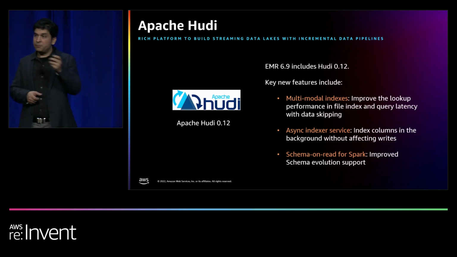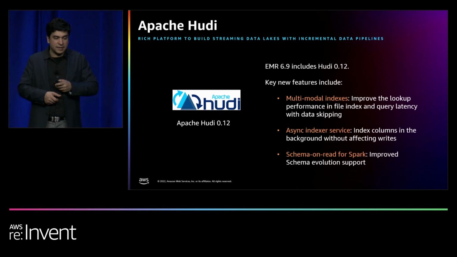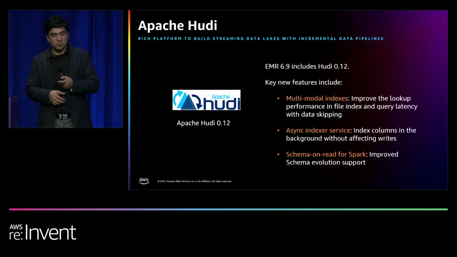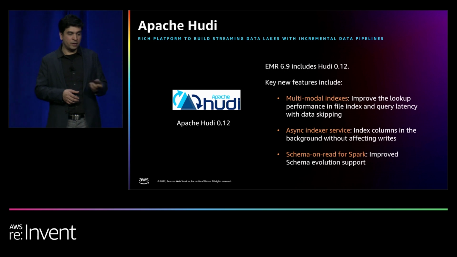And all of this index building, for both column stats as well as Bloom filters, can be done asynchronously, that's in the background without affecting your writes. So this is a great feature. This year, Hoodie has also announced better schema on read for Spark, and these are only some of the features, but I encourage you to go into the latest Hoodie releases and read more on it.